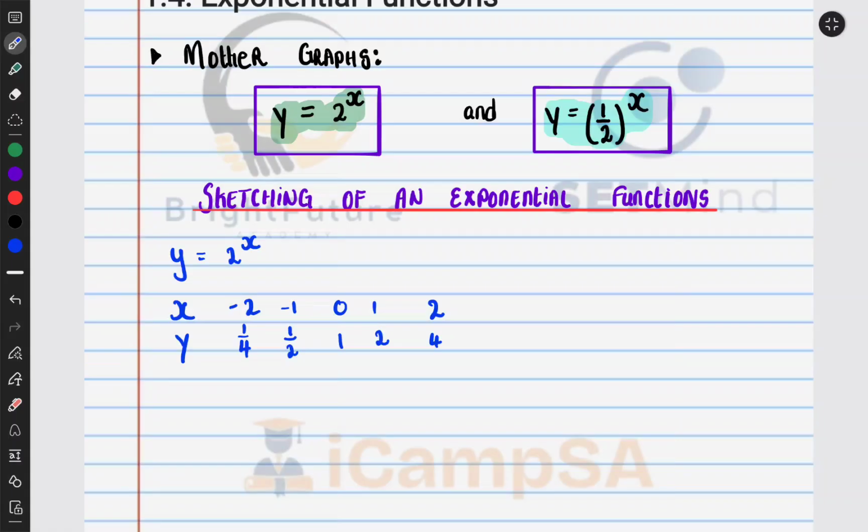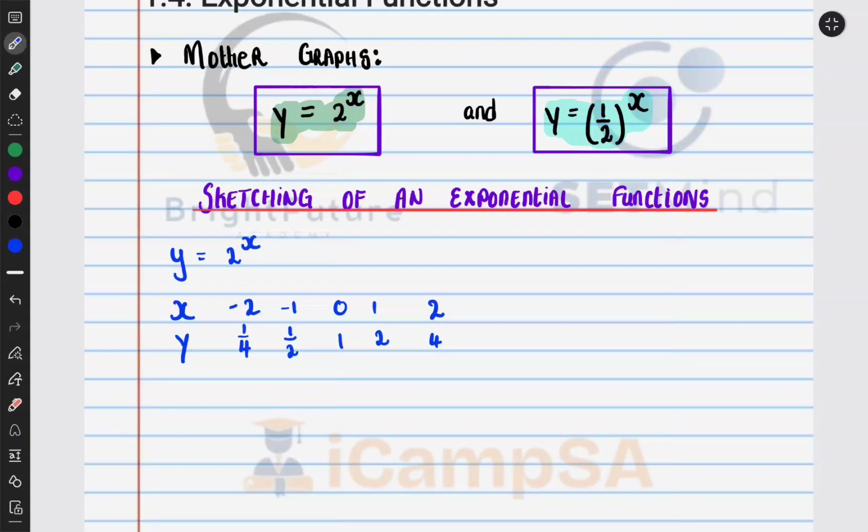Especially for this function, y is equal to 2 to the power of x, as the value of x increases, the value of y also increases, but it increases very quickly.